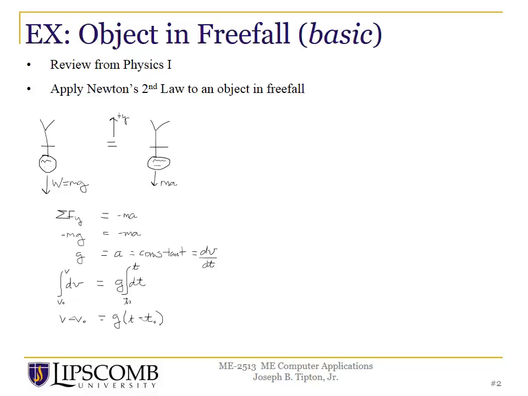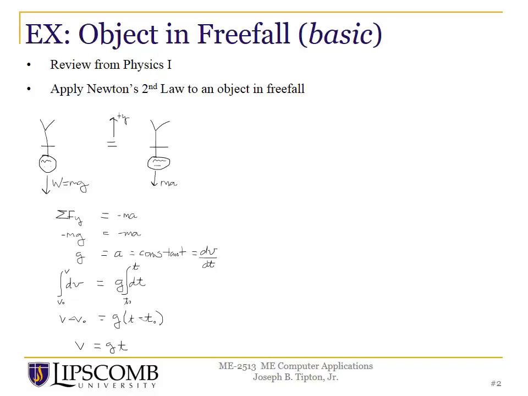In this case, it'd be normal to assume that time starts at 0, and the vertical velocity starts at 0 as well. So I end up with v equals g times t. The velocity of the person in freefall is equal to a constant acceleration of gravity, 9.81 meters per second squared, times the elapsed time.